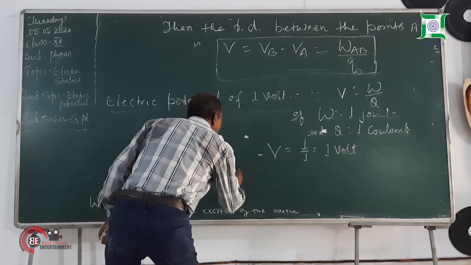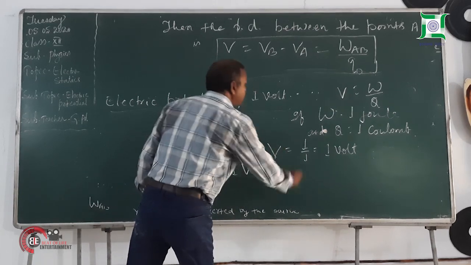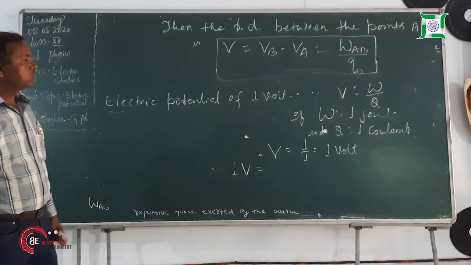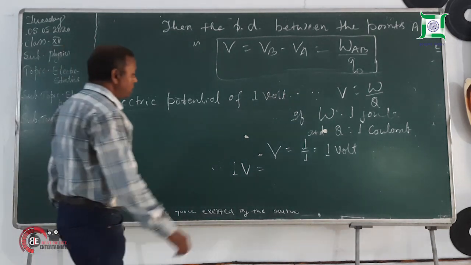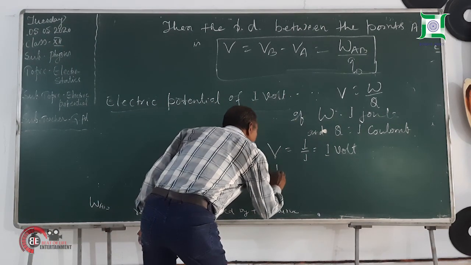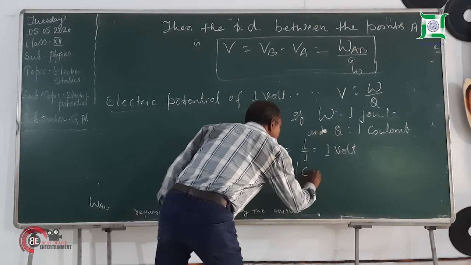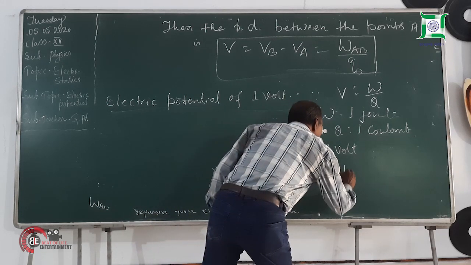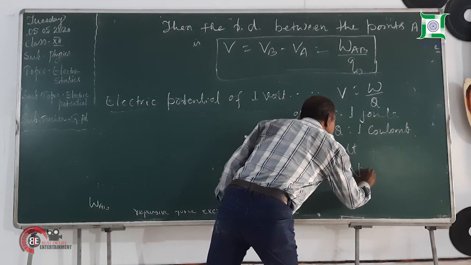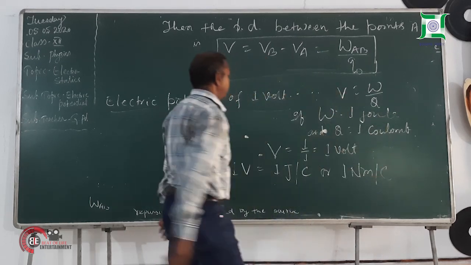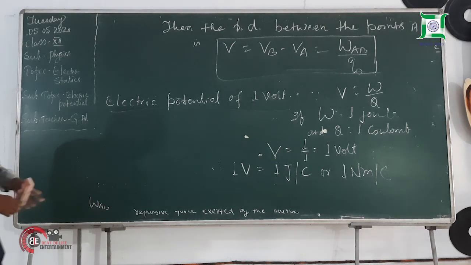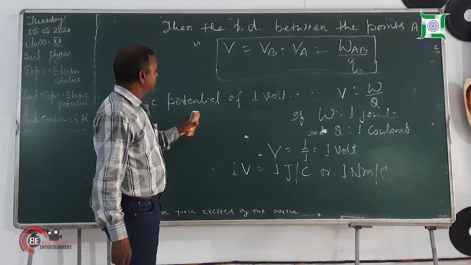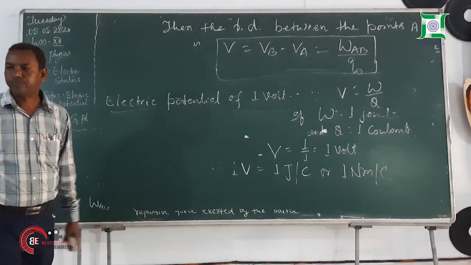Hence, 1 volt will be equal to 1 joule per coulomb, or 1 newton meter per coulomb. This is the potential difference of 1 volt and the electric potential of 1 volt.